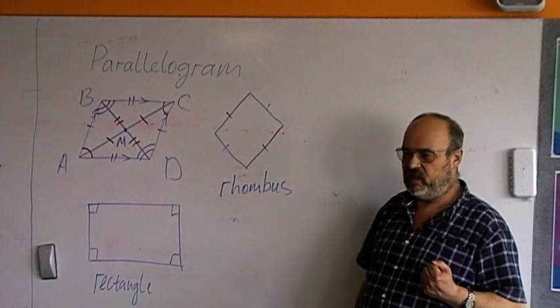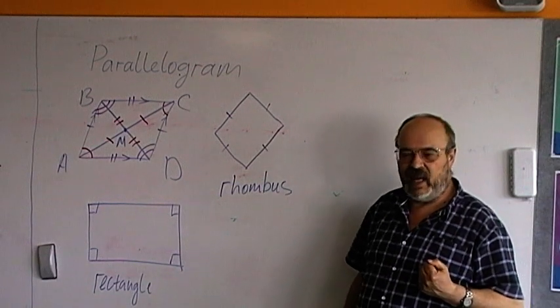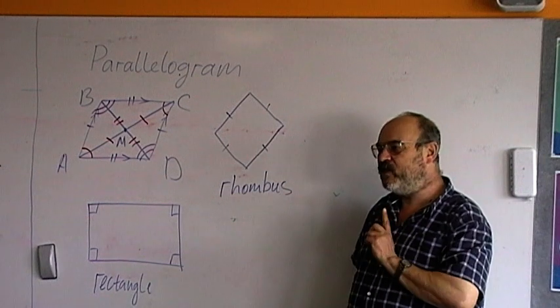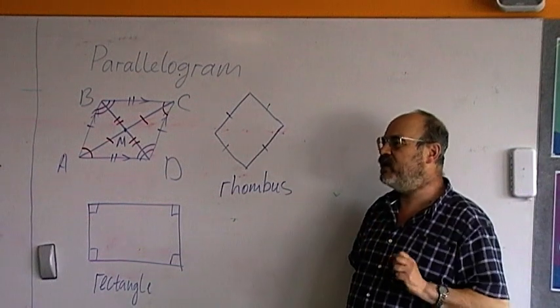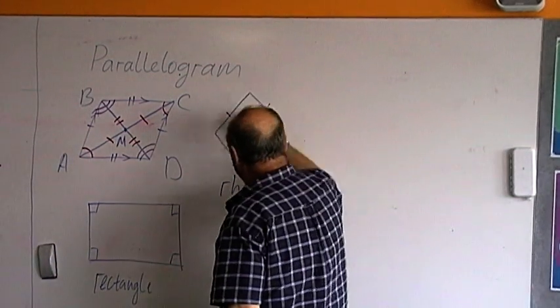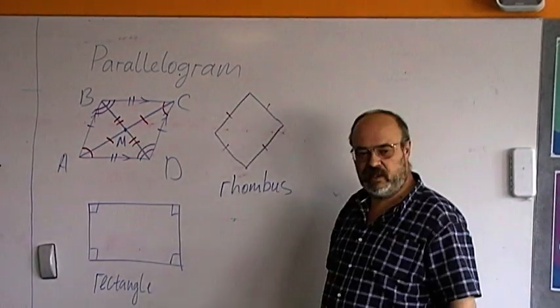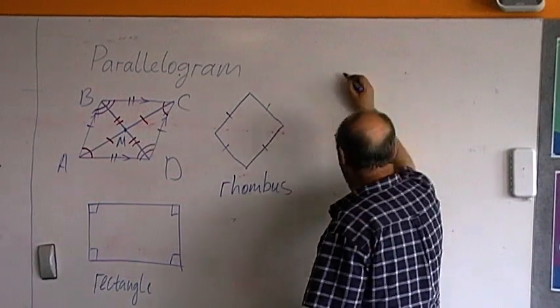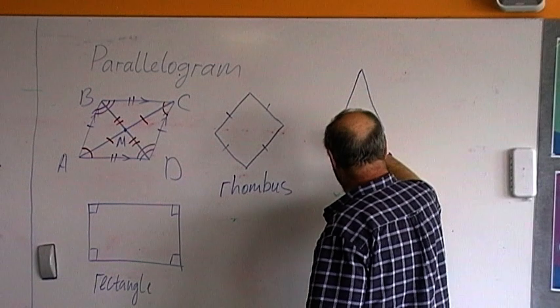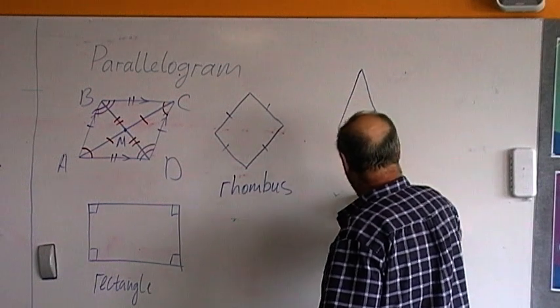All sides are equal. So that's what makes rhombus rhombus. It's not a square because the angle is not 90 degrees. I will draw another rhombus for you so you will see that it's clearly not 90 degrees.